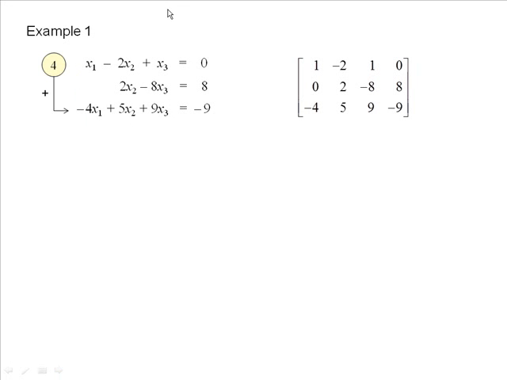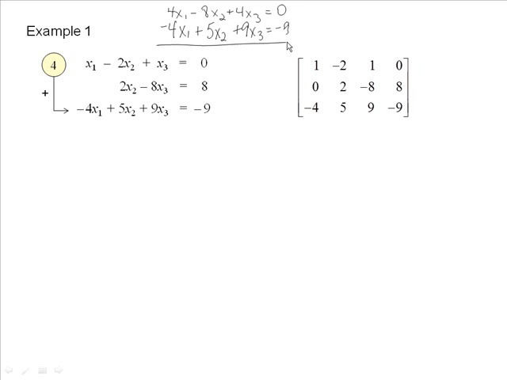If I multiply the first one by 4, I'll get 4x1 minus 8x2 plus 4x3 equals 0, and then my third equation was negative 4x1 plus 5x2 plus 9x3 equals negative 9.